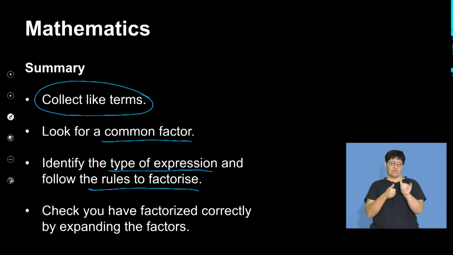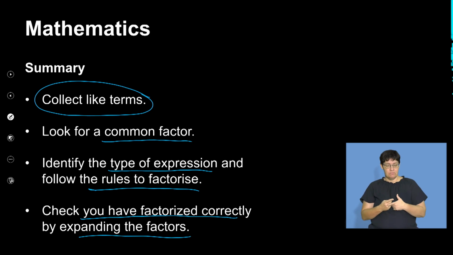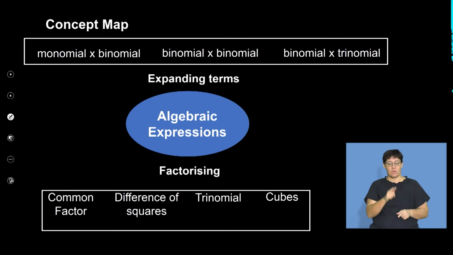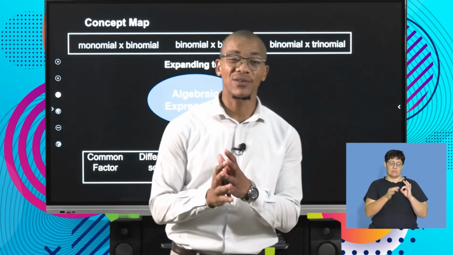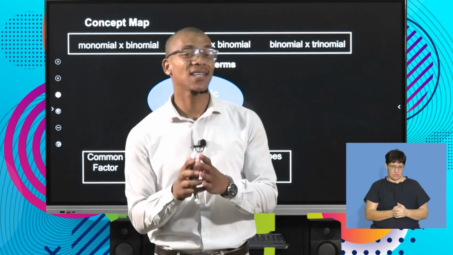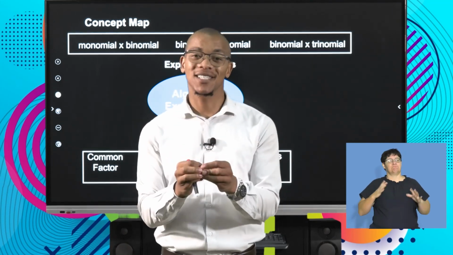So firstly, make sure you take out a common factor if there is a common factor to be taken out, and then apply the rules. You check your answer or you have factorized correctly by expanding those factors using the expanding rules that we did previously. And really, guys, that's all that factorization is all about.